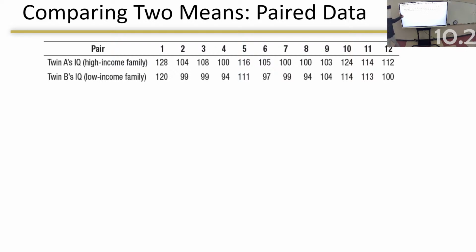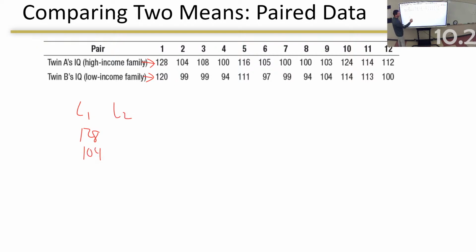So when we have data like this, you need to recognize it's paired. Again, it will say mean difference. The way that I do this in my calculator is you can either subtract these in your head really quickly, which is not too bad. But if you don't want to do that, put this in L1, put this in L2, and then in L3. In L1, you have 128 and 104.